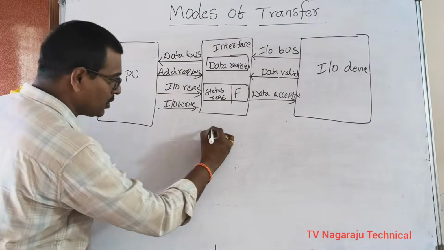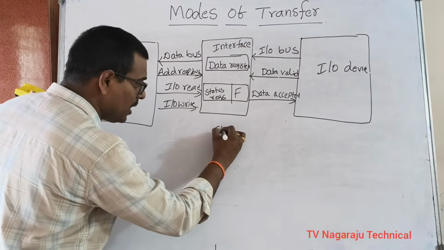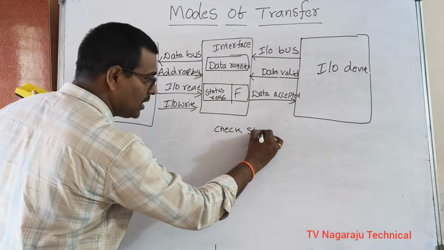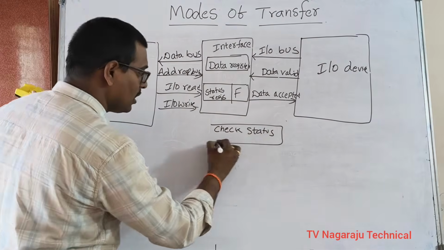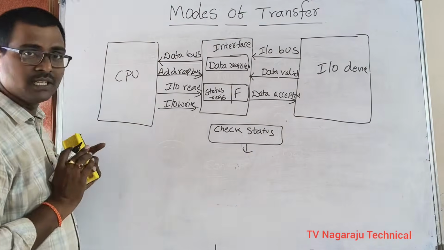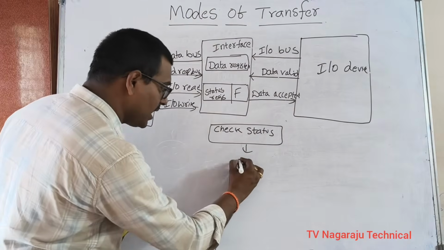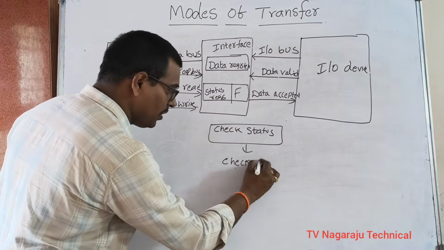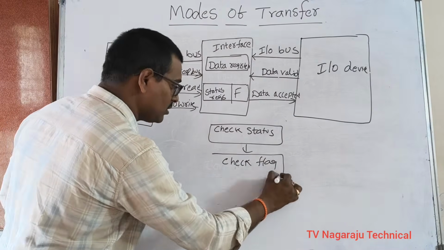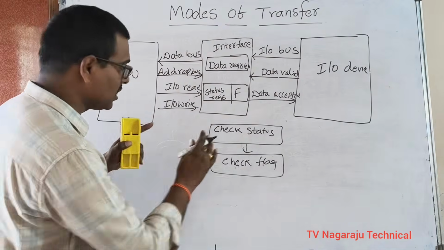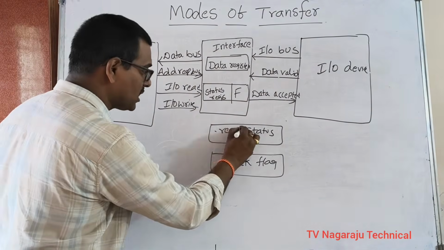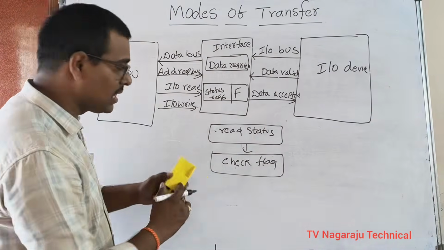Now the simple flowchart: first we continuously check the status register. First it reads the status register and checks the flag.